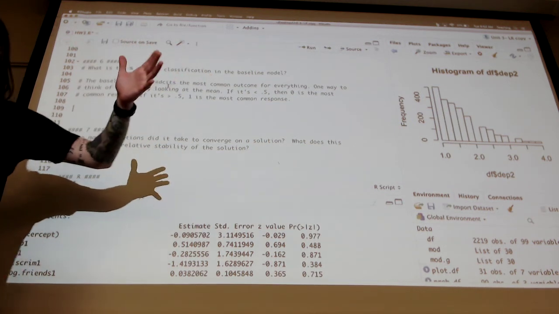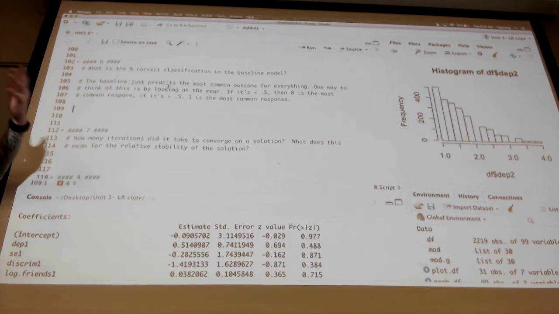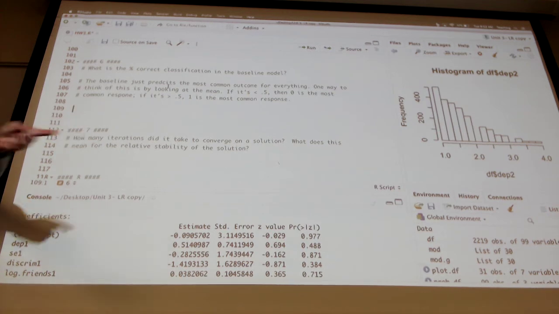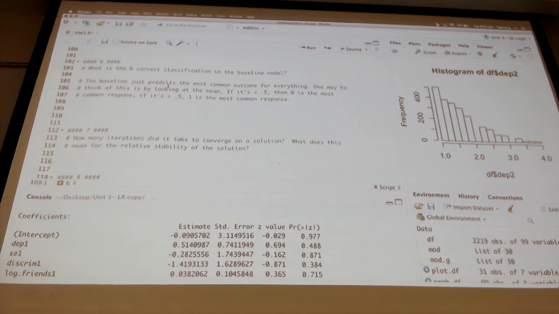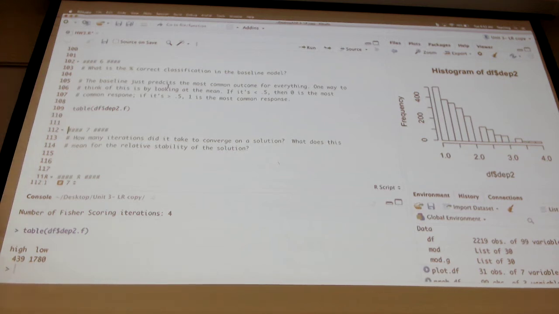Because it's all zeros and ones, one way that you can think about this is looking at the mean of the outcome. If it's below 0.5, then you know that it predicted 0 more often than it predicted 1. If it's higher than 0.5, you know that it predicted 1 more often than it predicted 0. So if we look at a table of our dep2.f, this is just what we coded.